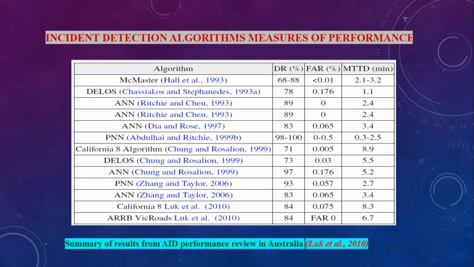But there are some road conditions that might take the time to detect as the most important measure of performance, because earlier detection of incidents helps them to respond as soon as they can.